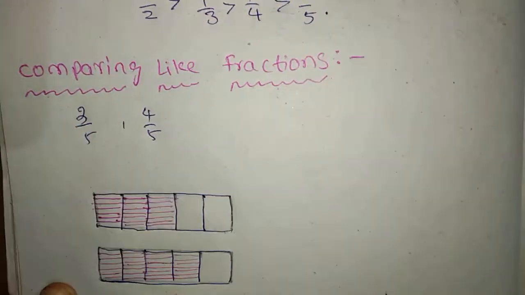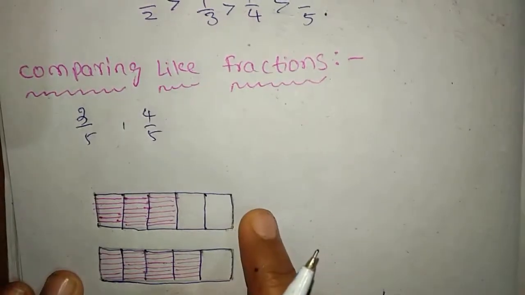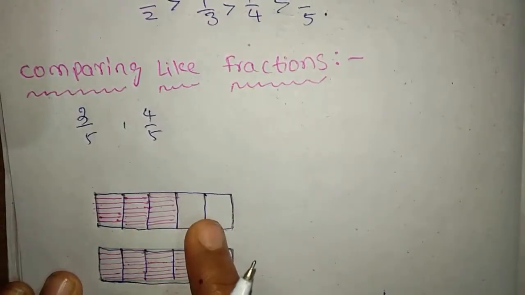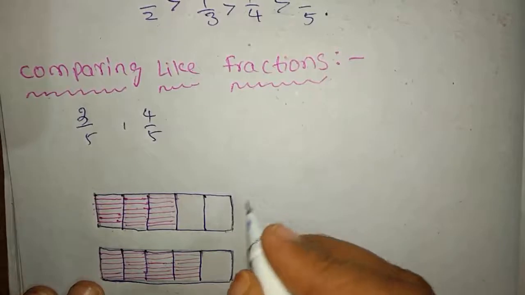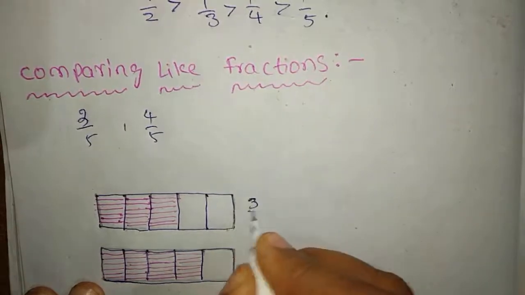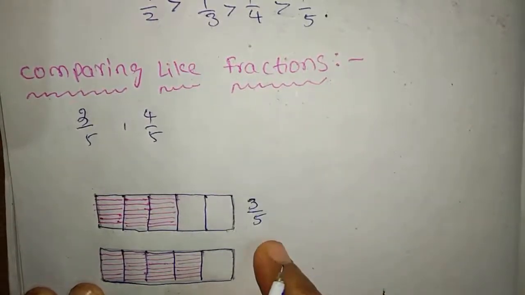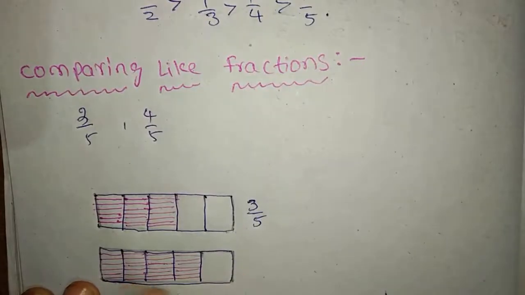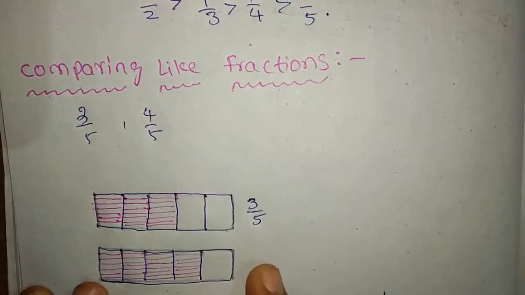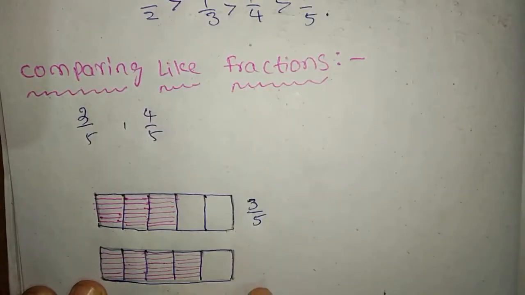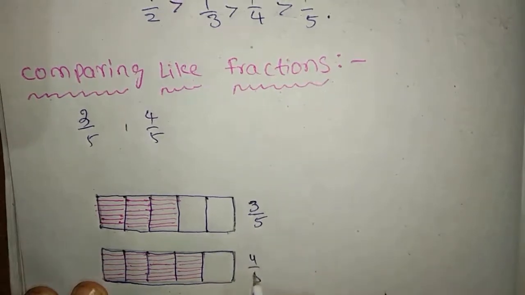In the first rectangle 3 parts are shaded out of 5 equal parts. So this can be represented as 3 by 5. And in the second rectangle, 4 parts are shaded out of 5 equal parts. So this can be represented as 4 by 5.